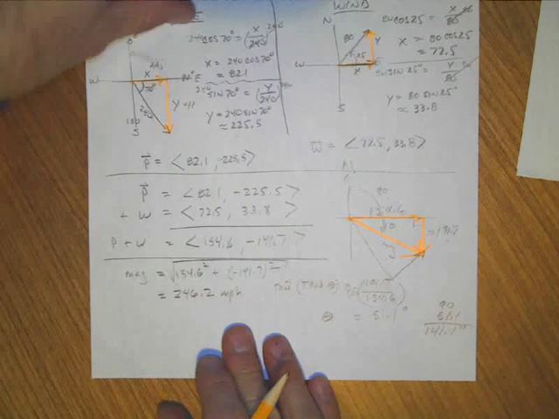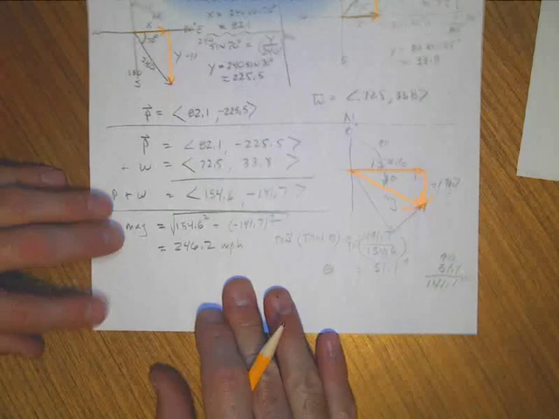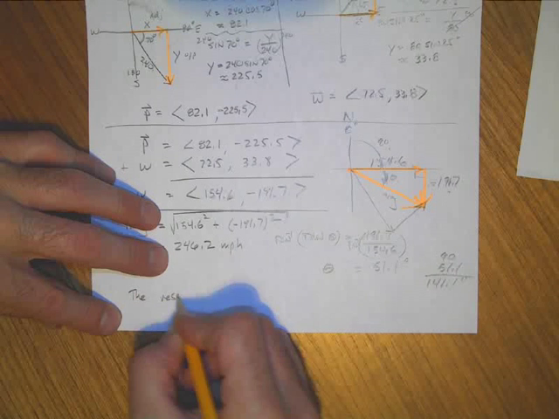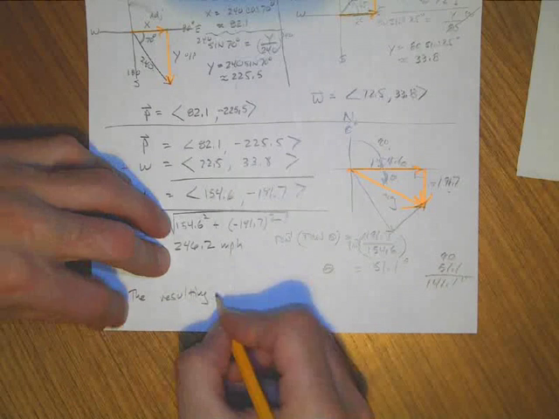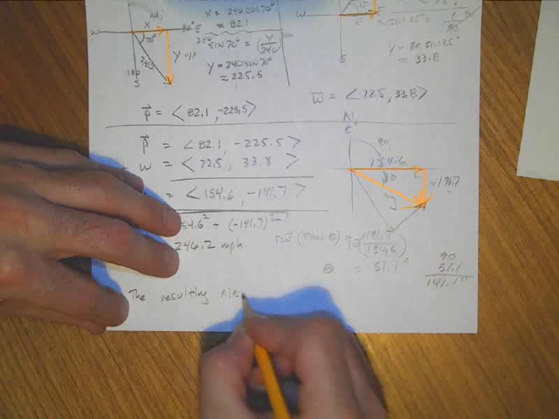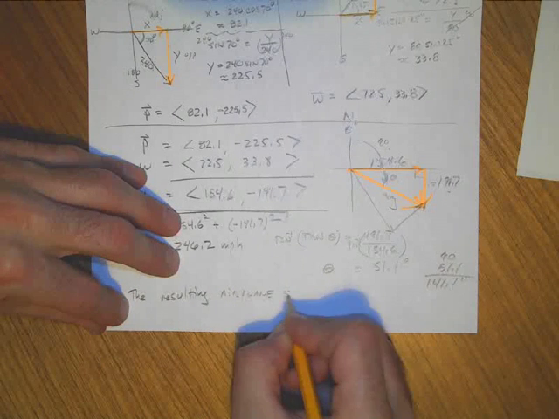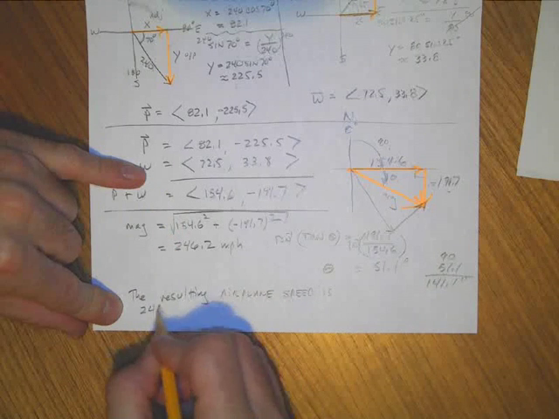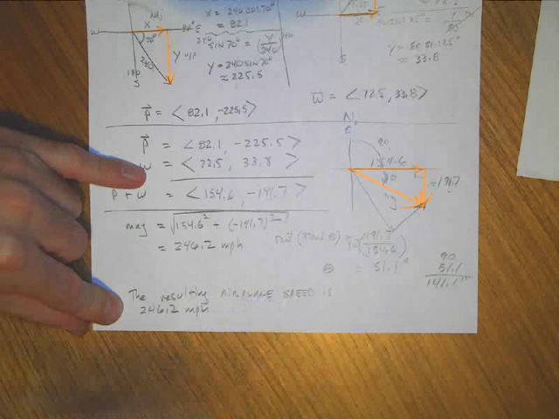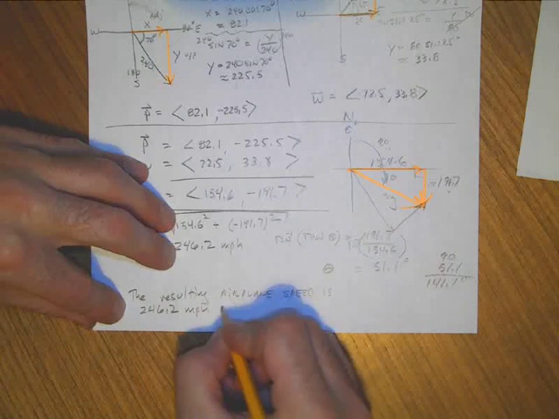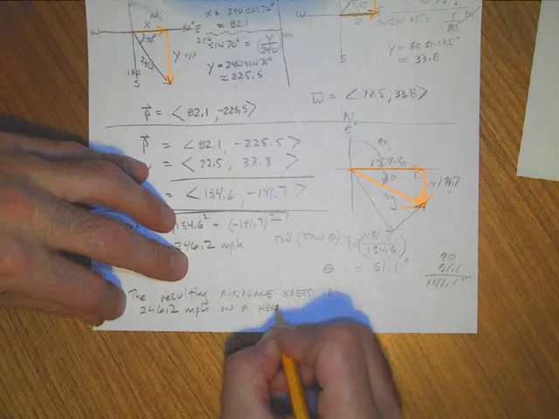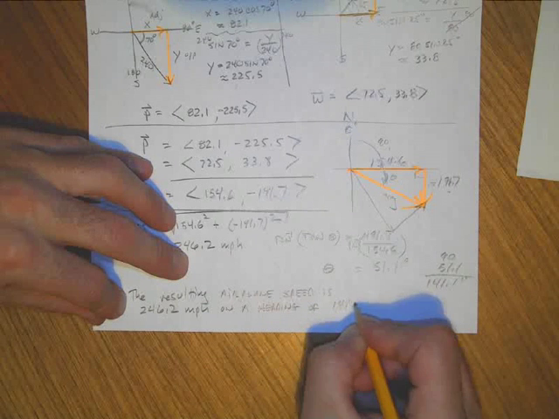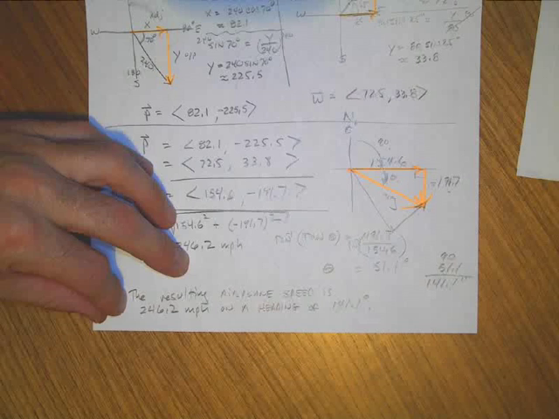So lastly, we can answer the question. The resulting airplane speed is 246.2 miles per hour on a heading of 141.1 degrees.